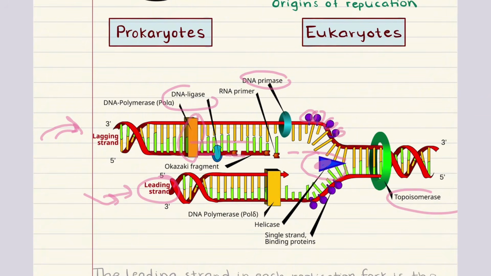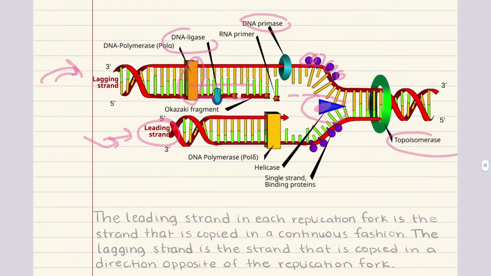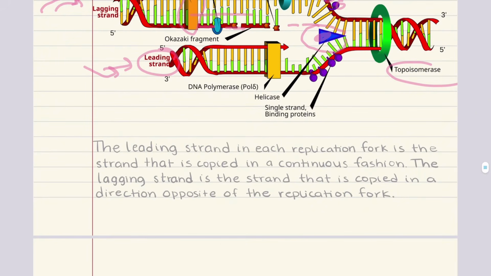Meanwhile, the other template strand, the lagging strand, that can't happen. So it is not continuous. And that is the process that we work through in detail. With that, we have completed objective 3.